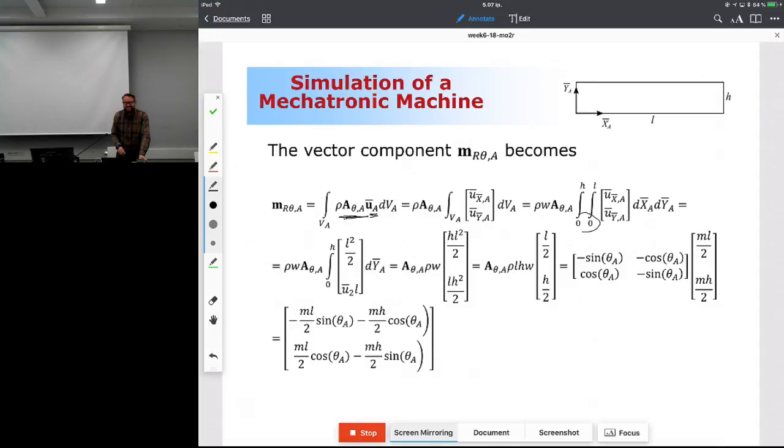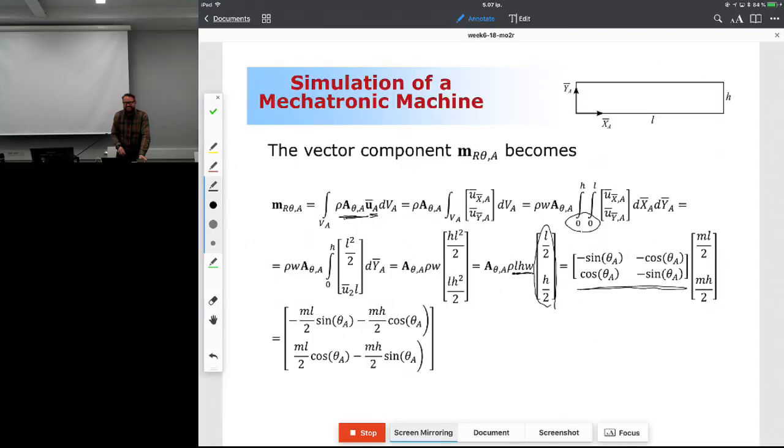And now the boundaries are here, from 0 to L, 0 to H, because of the way the body reference coordinate system is located. And simply I do the math. I will do the computing. What is going to be my solution after that? It's going to be length multiplied by h multiplied by w, and then this is L divided by 2, h divided by 2. That's how it's going to be.